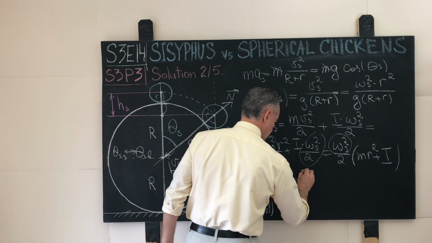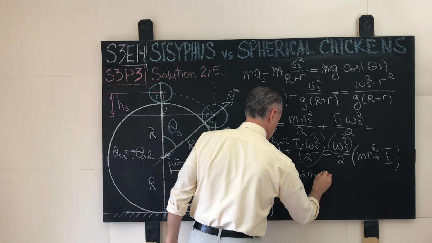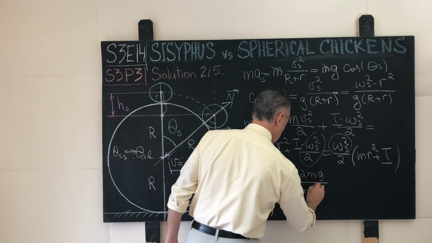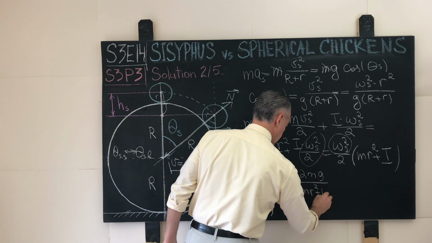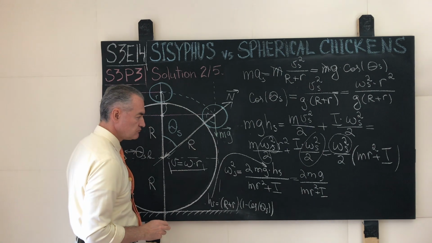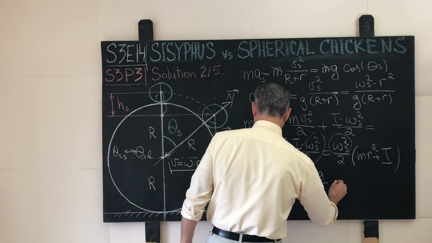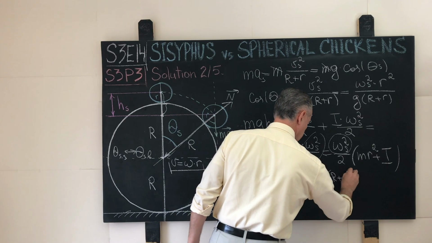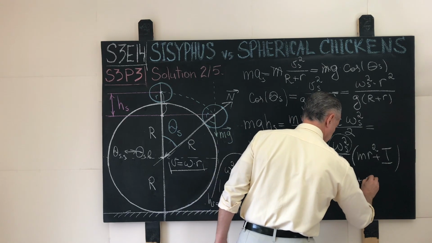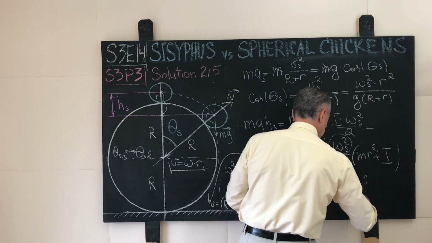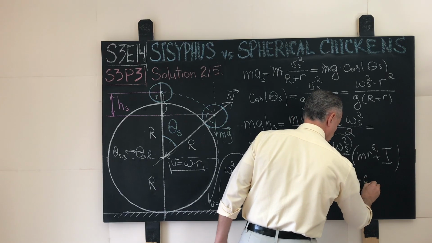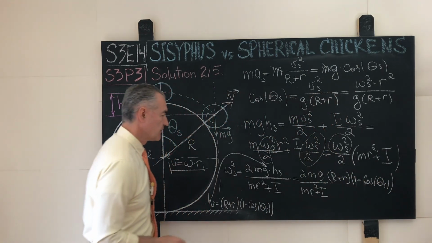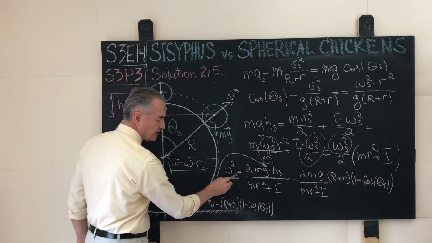So we will have 2mg divided by mr squared plus I times (R plus r) times 1 minus cosine of theta_s. This is the expression for omega squared s.